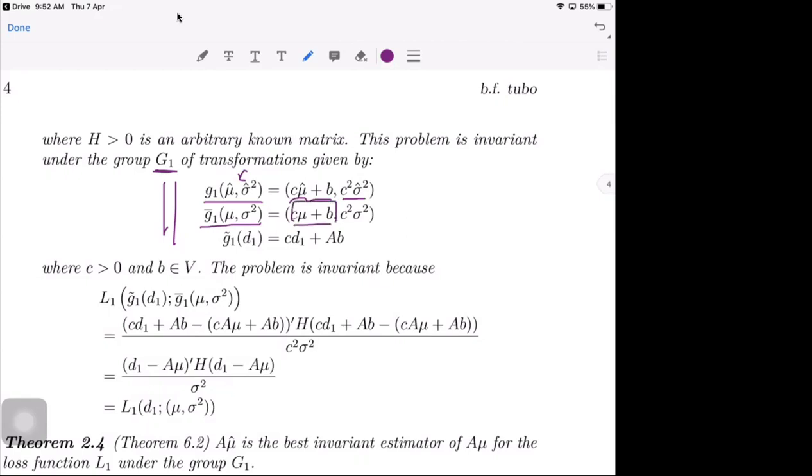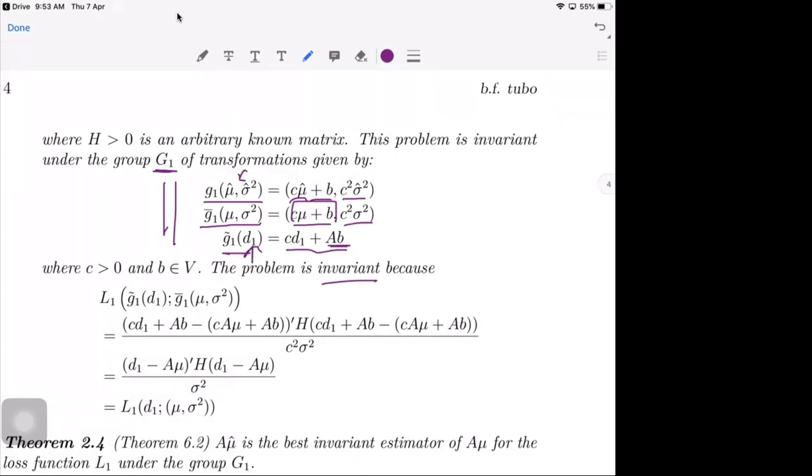Bale, ang transformation na imong buhaton, mag-add ka B. And then sa imuhang action space, ang buhaton nimo sa imuhang estimator D1 will be pre-multiplied by C, ang D1 plus AB.